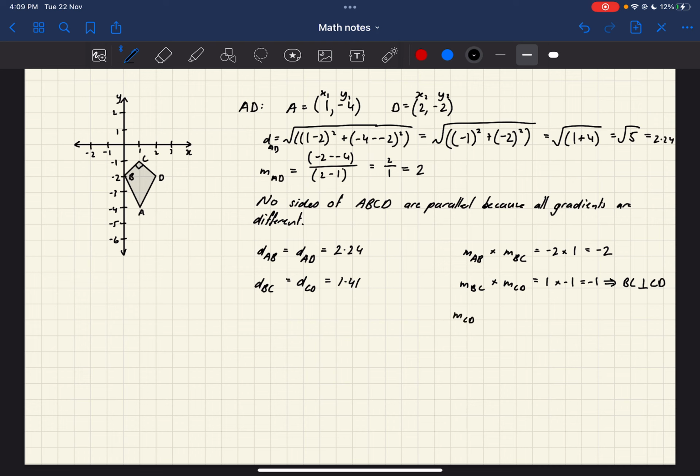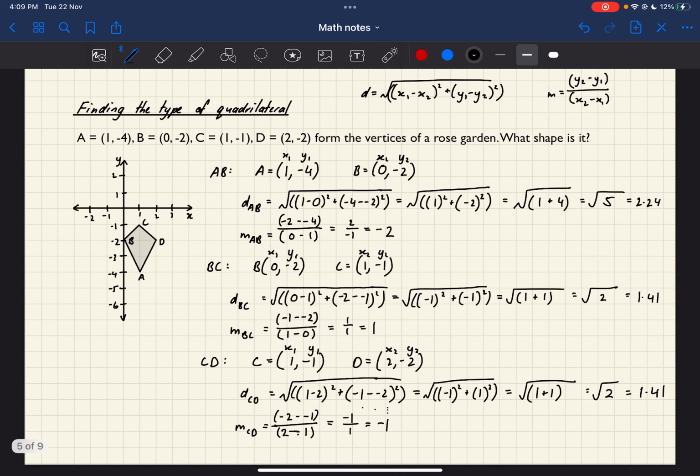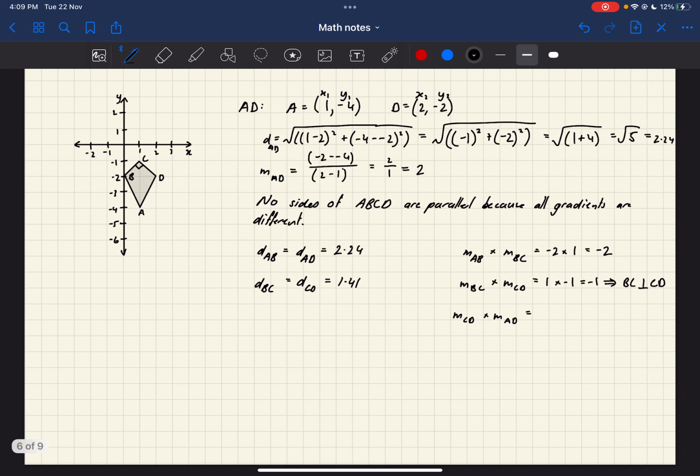Gradient of CD times the gradient of AD to find out if this here is a right angle. So the gradient of CD is -1 and the gradient of AD is 2.